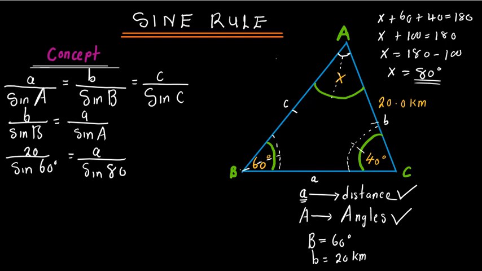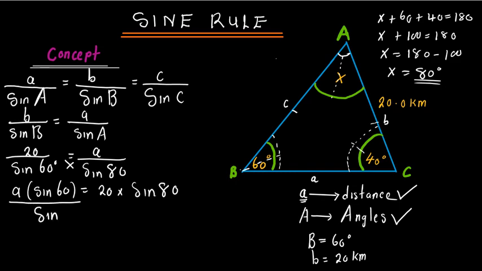This becomes simple. We can cross multiply. We are going to have A sine 60 equal to 20 multiplied by sine 80. We can cancel by sine 60.